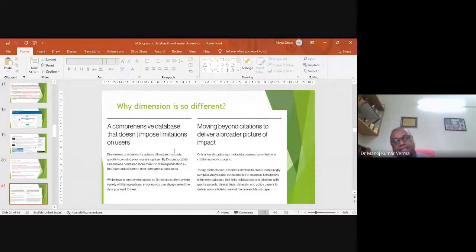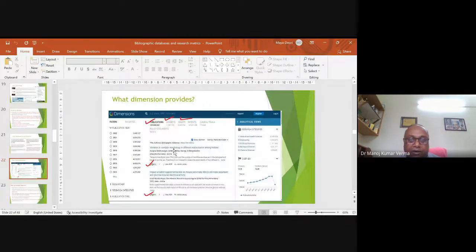Scopus and Web of Science mainly give data related to citations, either article citations, the journal's impact factor, which is also calculated on the basis of citations, or author citations, meaning their h-index, g-index, and different author parameters. But Dimensions gives many more things other than citations, which can be calculated on different social media. We call it the online attention score.